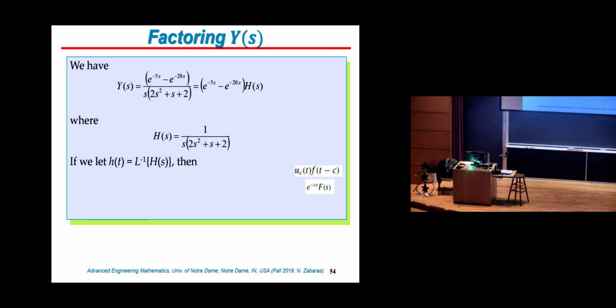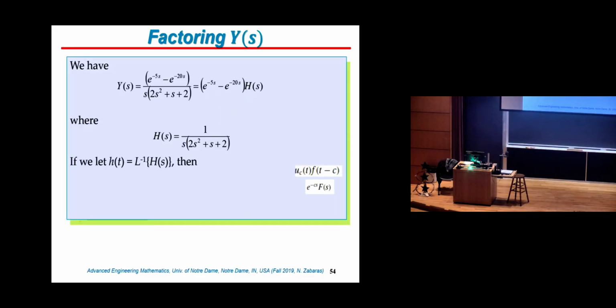All right, so effectively, if we can compute the function that corresponds to this Laplace transform, we will be able to immediately write down what e to the minus 5s times h of s means, and it will mean this function h of t, shifted by this distance 5 and distance 20 that we have there.